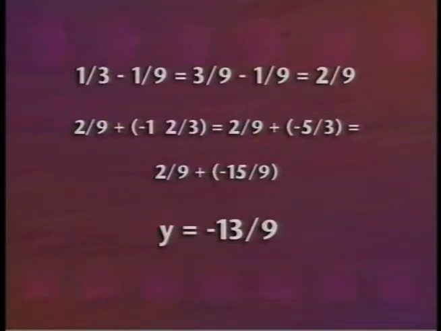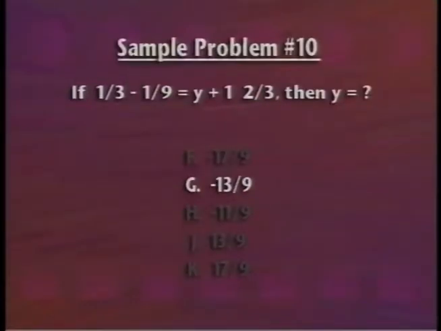Then let's add a negative 1 2/3 to both sides to move the numerical values to the left side of the equation. This becomes 2/9 plus a minus 1 2/3 equals 2/9 plus a negative 5/3. Then finding a common denominator, we have 2/9 plus a negative 15/9. Finally adding, we get negative 13/9, which is the value of y. Answer G.